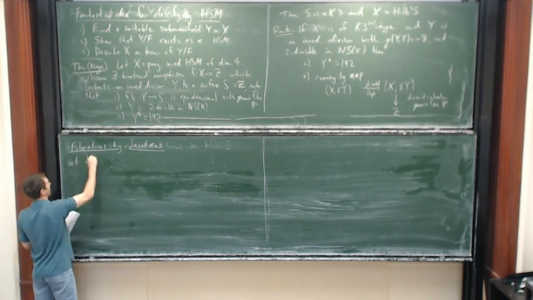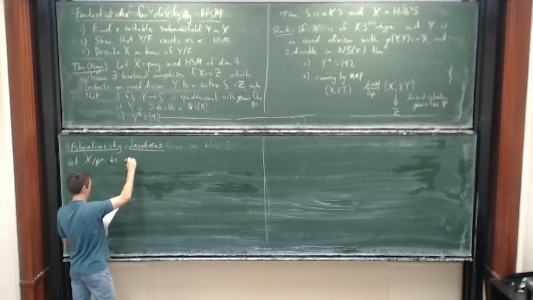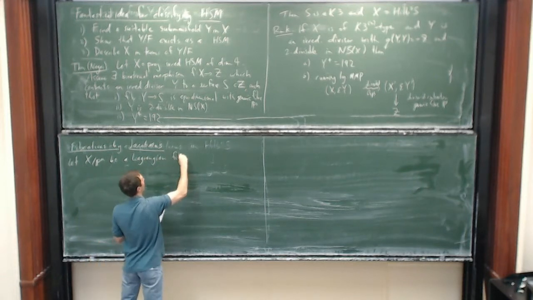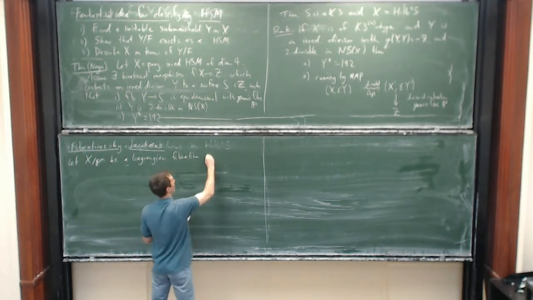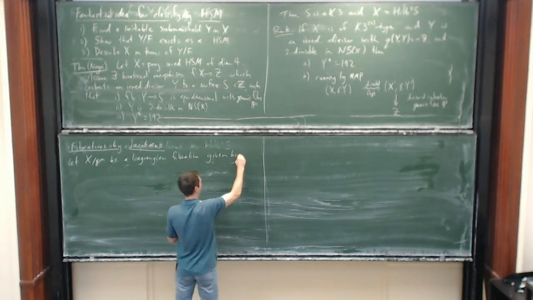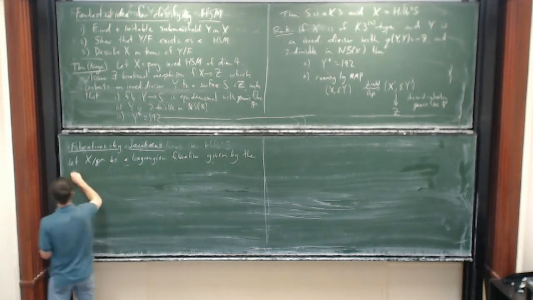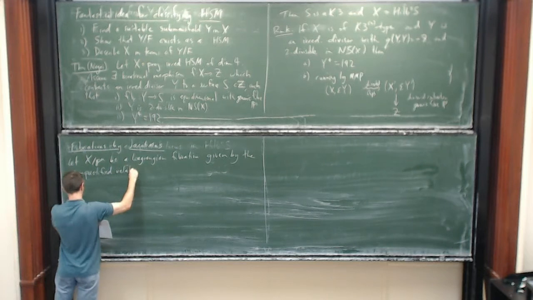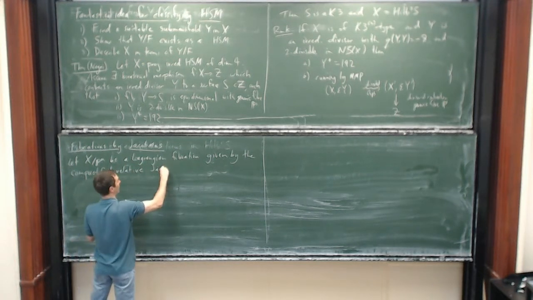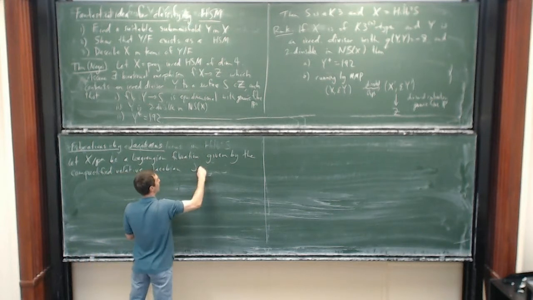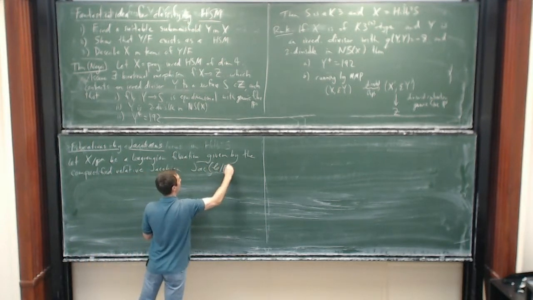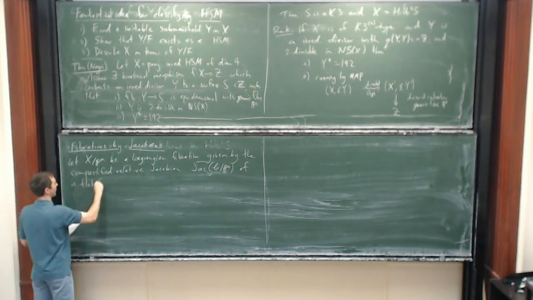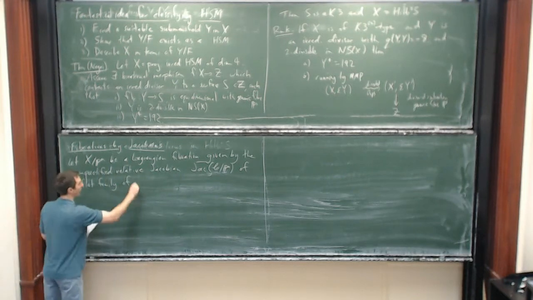So let X over Pn be a Lagrangian fibration given by the compactified relative Jacobian of a flat family of genus n curves.